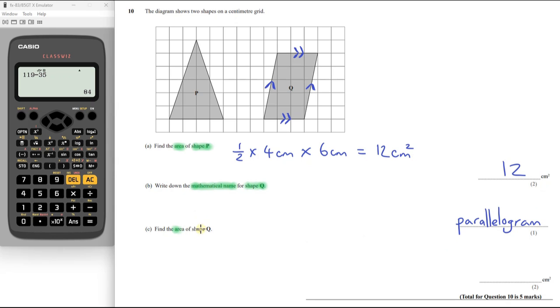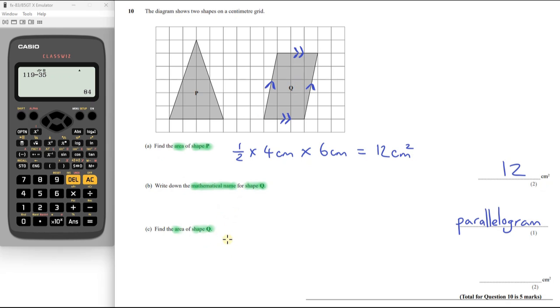Find the area of shape Q. Okay, so this time we're going to find the area of the parallelogram. Now, to work out the area of a parallelogram, well, that's exactly the same as calculating the area of a rectangle. You can just think about it as a squashed rectangle. So it's just going to be the base times the height.